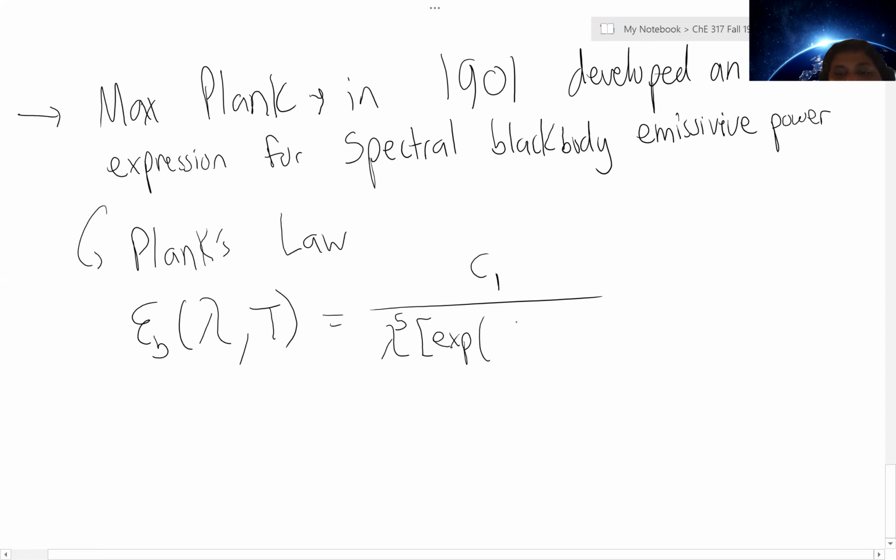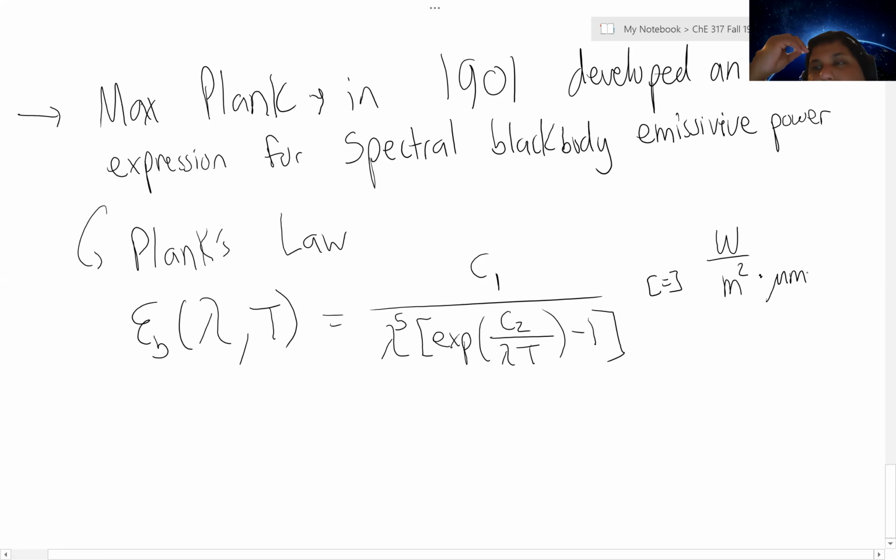And this gives you the spectral black body emissive power in units of watts per meter squared, because it's, like I said, an energy flux per wavelength, which are given in microns. Because that's just the standard convention of stating the wavelength of radiation.